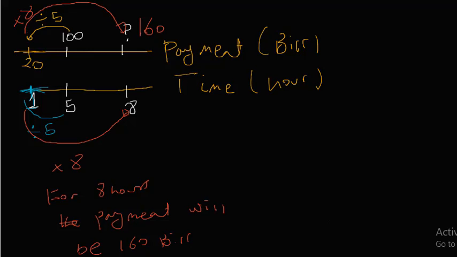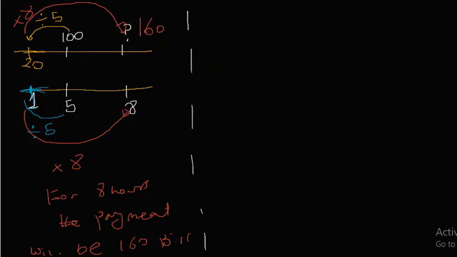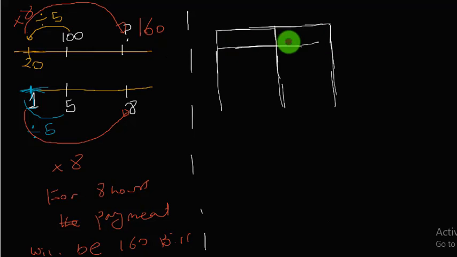So let's use a table here. Let me draw a table first. Okay, so this is what we have. Let's label this table. We already said the first one is payment. Let me use P, and this is hour.